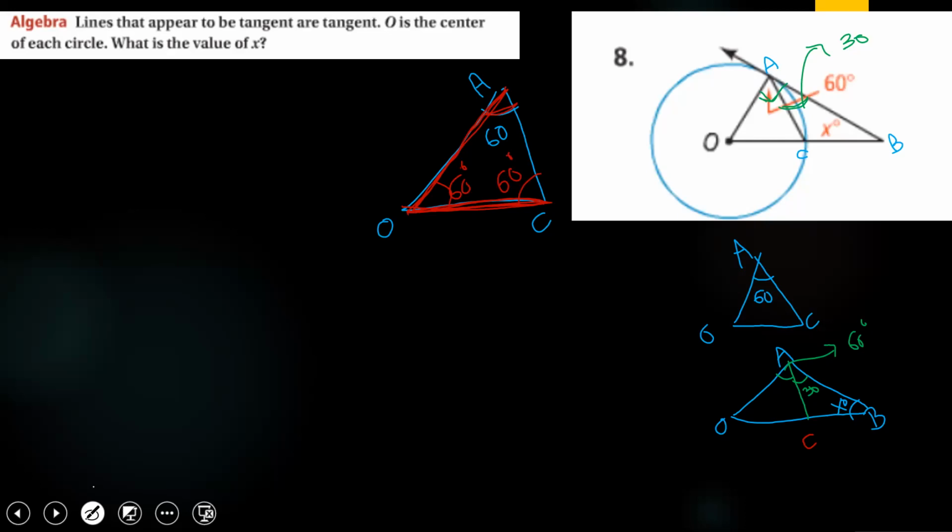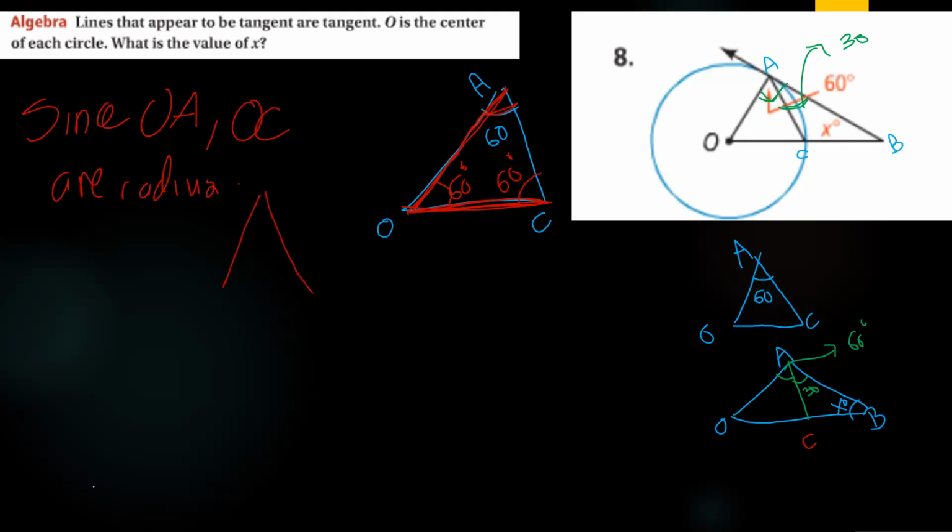I'll repeat. Now, since OA and OC are radius, they are equal. Since they are equal, which type of triangle did we have? Equilateral. Equilateral triangle.